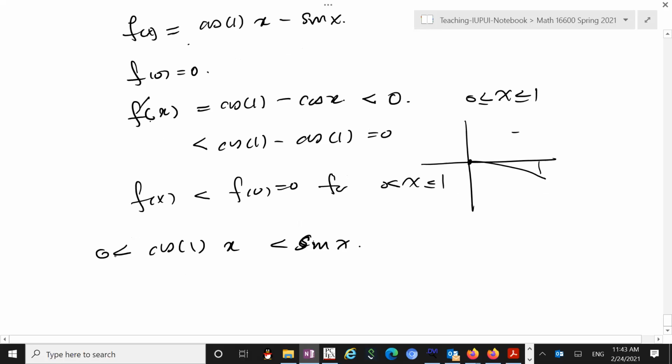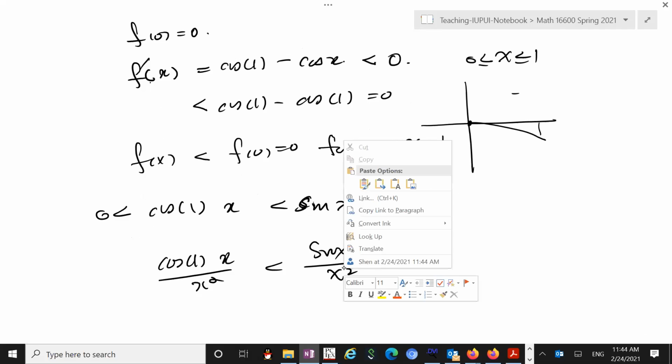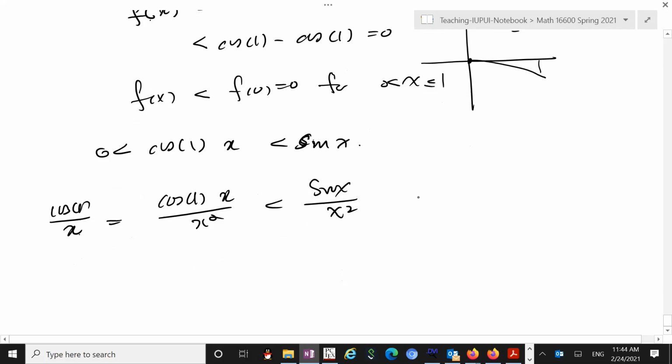So anyway, you have this inequality, then cosine 1 times x over x squared is less than sine x over x squared, and this side is just equal to cosine 1 over x, and cosine 1 is a constant. Then you stop here, you are done with the problem.